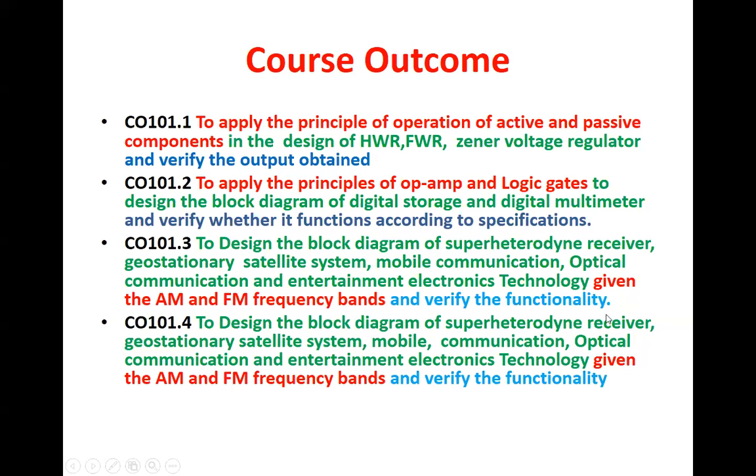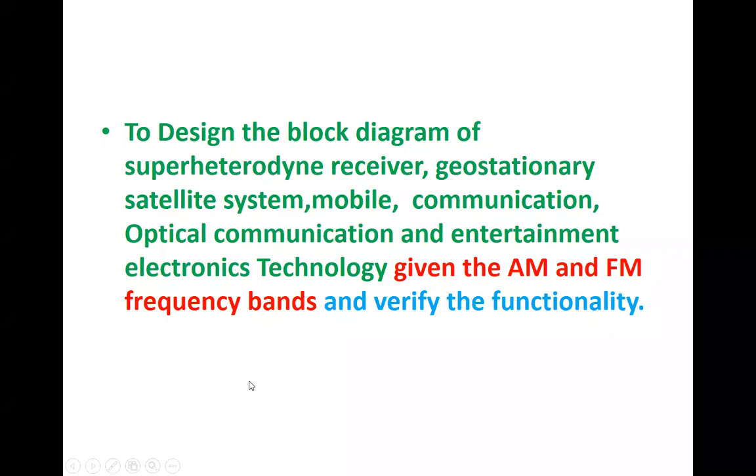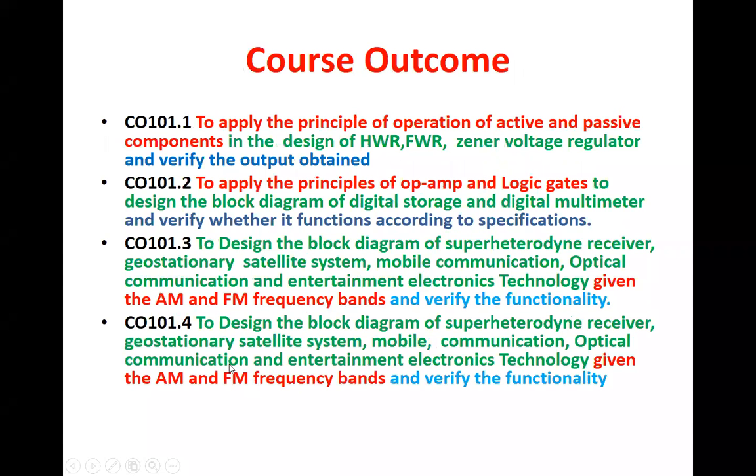So I have written 3 course outcomes using my 8 module outcomes. This is the course outcome written for a very simple course. Of course, for higher levels, in higher semesters, it will be easier to write the course outcomes.